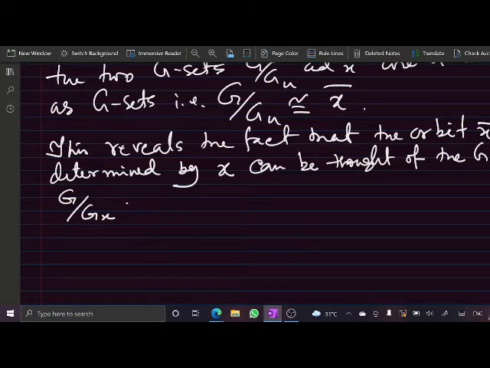That each orbit is actually, as a G set, equal to G by Gx. So it depends on the character of the group G and Gx, right? So you have transferred the problem of understanding the G set X bar to the problem of understanding the G set G by Gx.